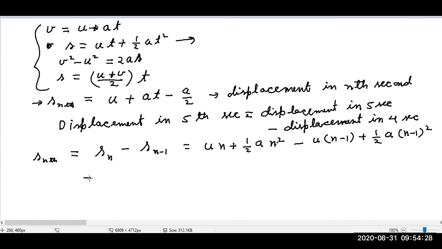If you solve it, the un will get cancelled, and you will be left with u and half a n square.